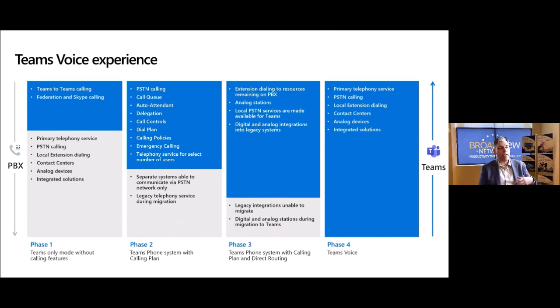Phase three may be a more advanced PBX integration and session border controller integration if we need to leverage your existing telephone line connectivity to be able to get telephone line capability into Teams, or if we want to integrate with your existing phone system. And then phase four would be removing the previous phone system altogether.